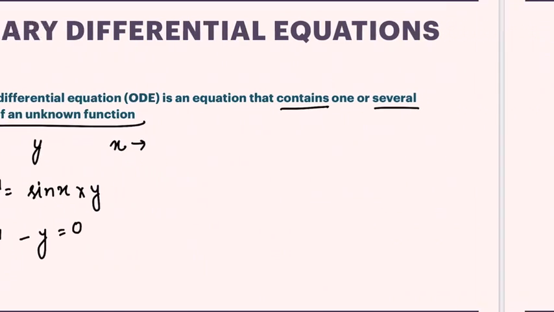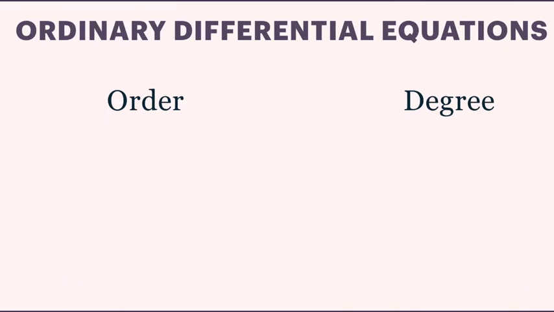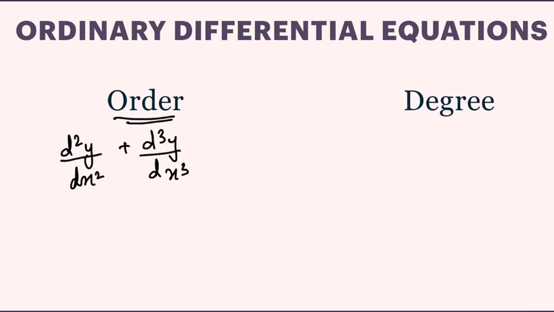Now, let us discuss the order and degree of differential equations. The order of any differential equation is the highest order of the derivative of the unknown function. For example, d square y by dx square plus d cube y by dx cube plus y is equal to sine x.